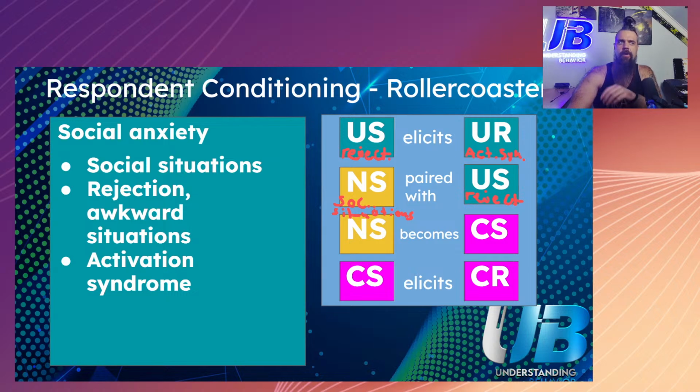So if whenever you engage in a social situation, you experience rejection, our social situations become this conditioned stimulus. So that's our third line here, that now our social situations become our conditioned stimulus that gain some eliciting power. So let's fill out our fourth line here.